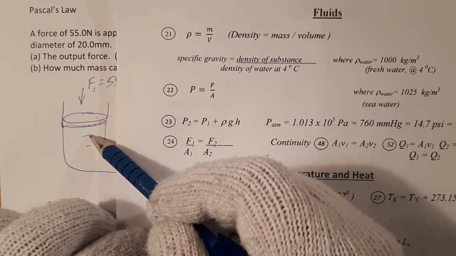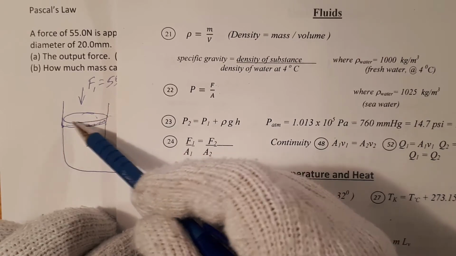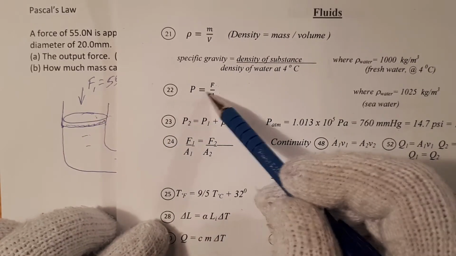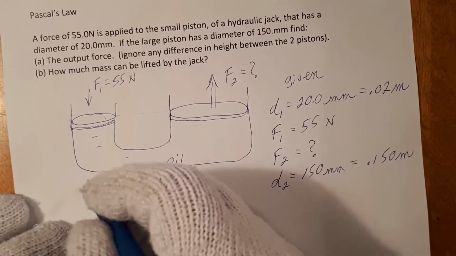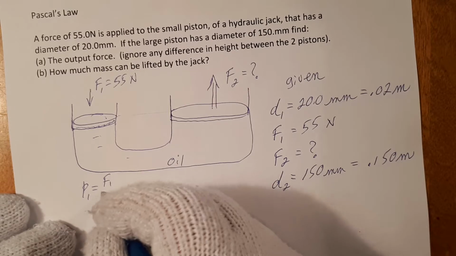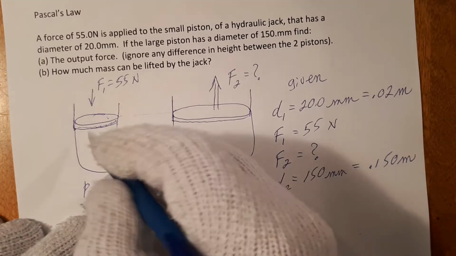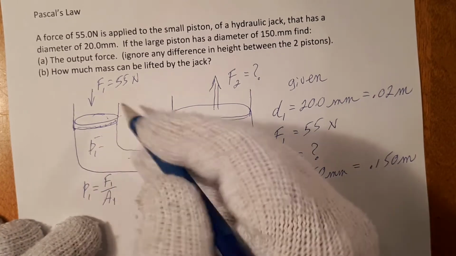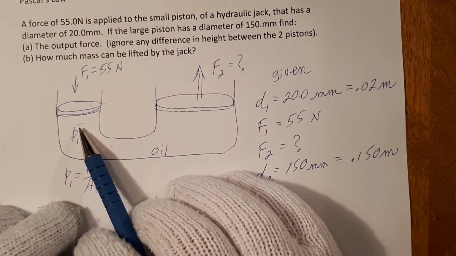Therefore, our pressure is going to be generated here as a result of this force over this area, according to this equation. And we'll write that over here. Pressure at 1 is equal to force at 1 divided by area 1. That is the pressure being developed here as a result of that 55 newton force into the fluid.